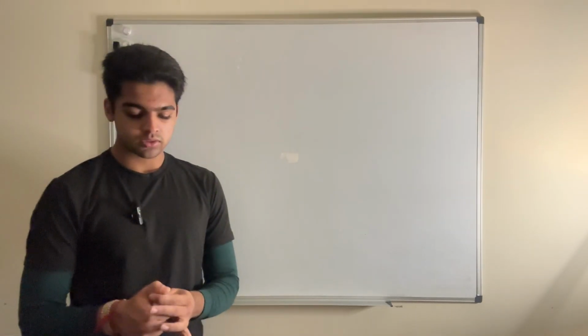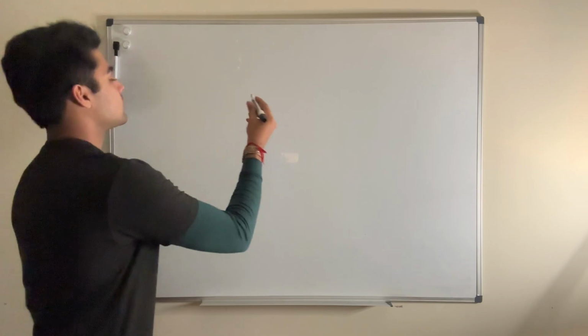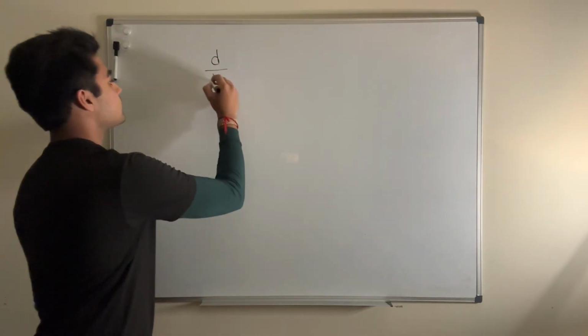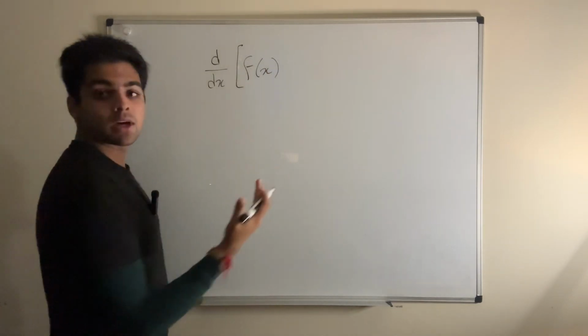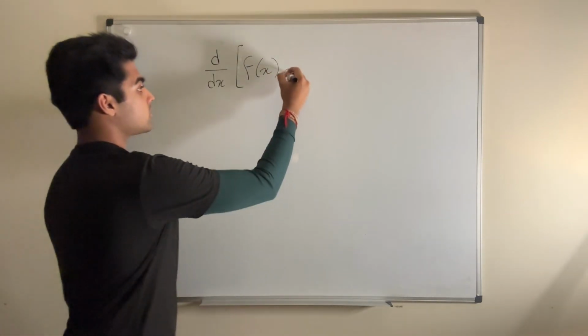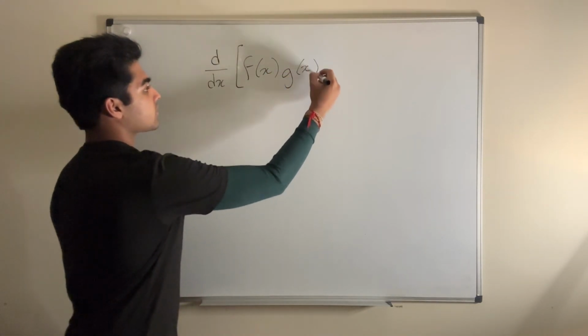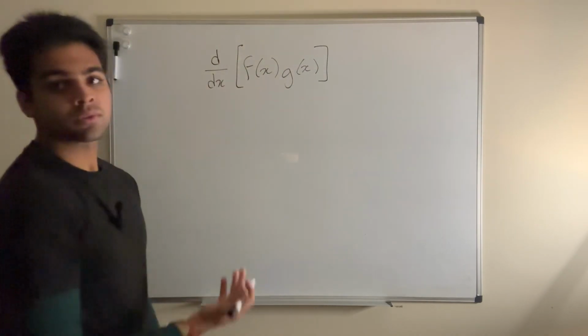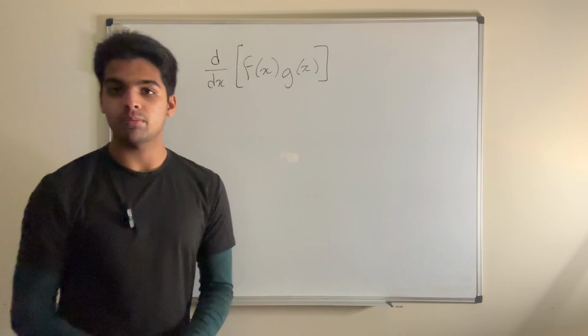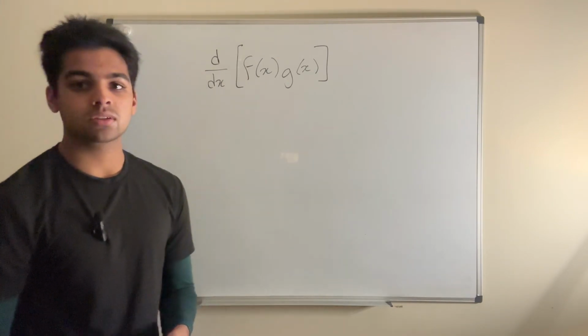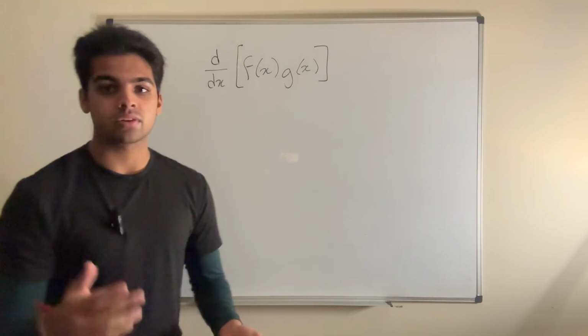So the product rule is when we have the derivative of some function, we'll call f of x, multiplied by another function, which we'll call g of x. Okay, so we don't know how to evaluate this, and for now it's basically just a formula that we have to memorize. I'm not going to be proving it in this video because that's a whole other thing.